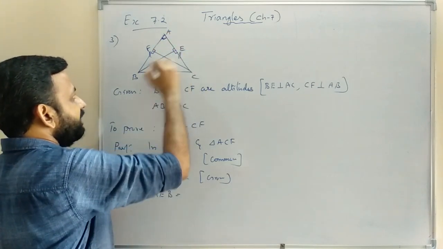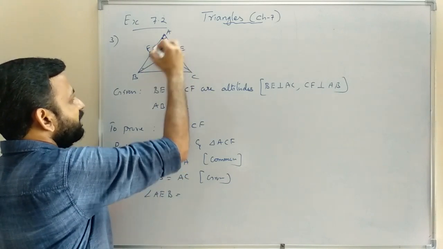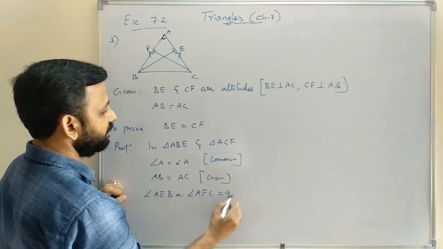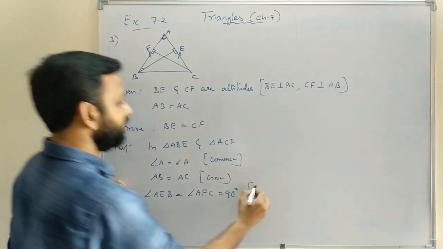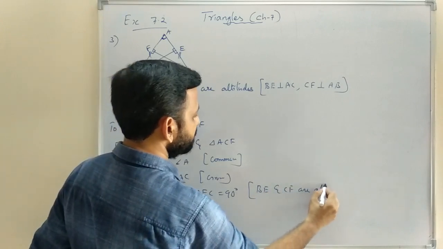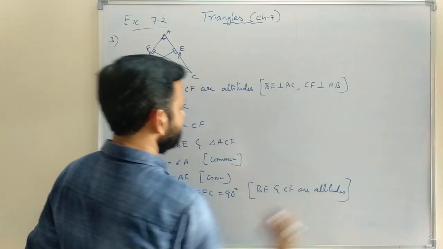Angle AFC is also equal to 90 degree, since BE and CF are altitudes. That is the reason.